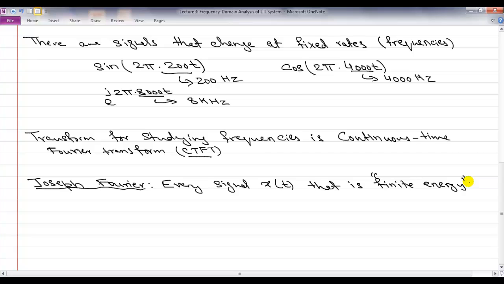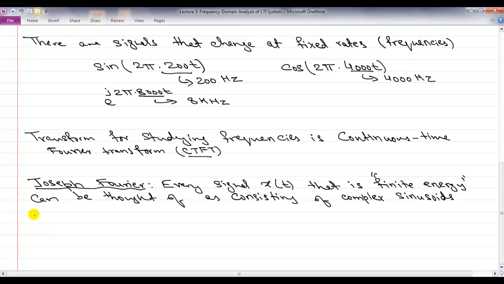The signal could be wiggling in an arbitrary fashion. That signal, if it is finite energy, can be thought of as consisting of complex sinusoids of different frequencies, even if x of t is not periodic.